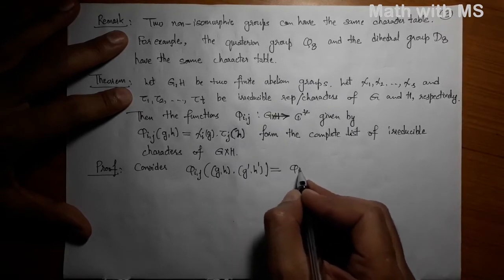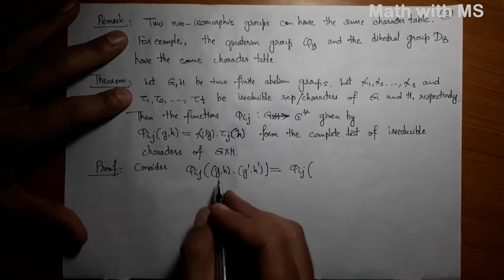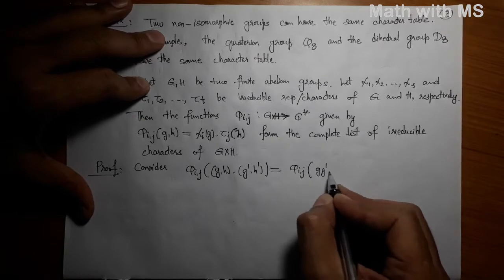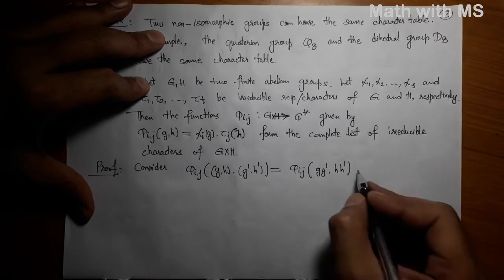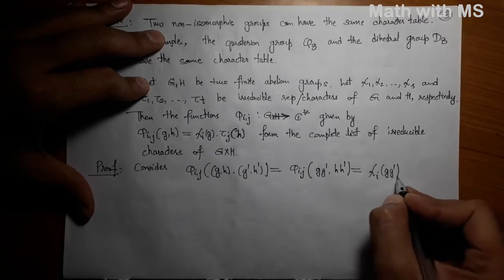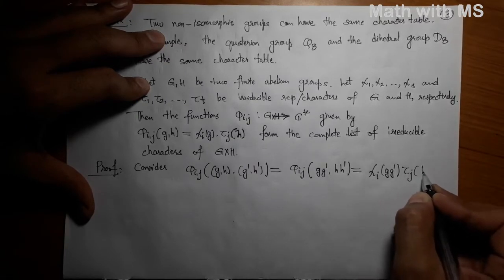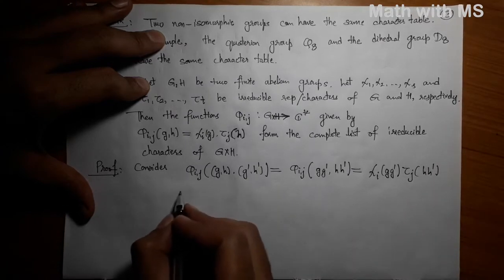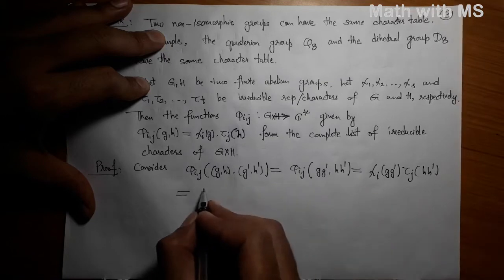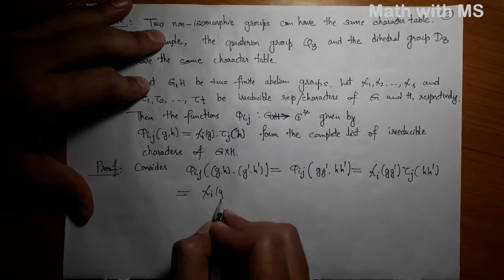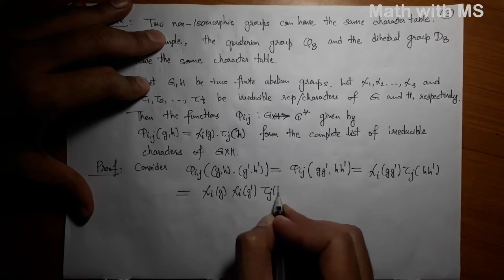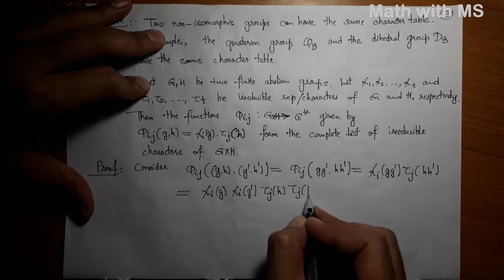By definition the product here is coordinatewise, so it is phi ij of (gg', hh'), and this by definition is chi i of gg' times tau j of hh', which is the same as, since each of chi i and tau j is a homomorphism, chi i of g, chi i of g', tau j of h, tau j of h'.